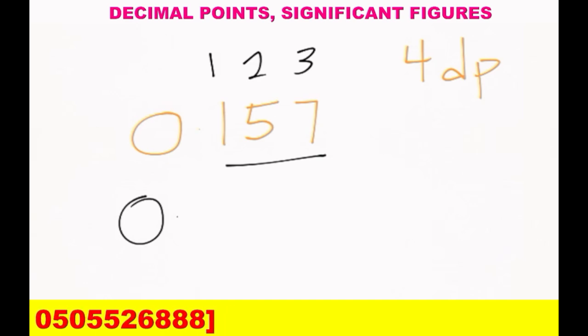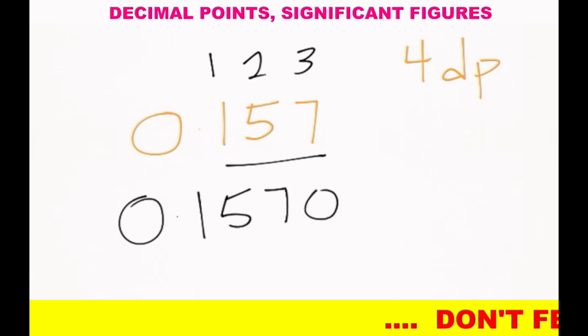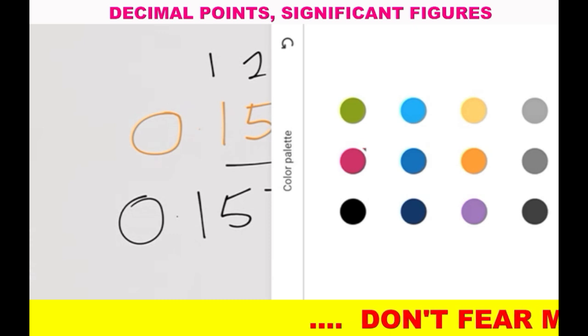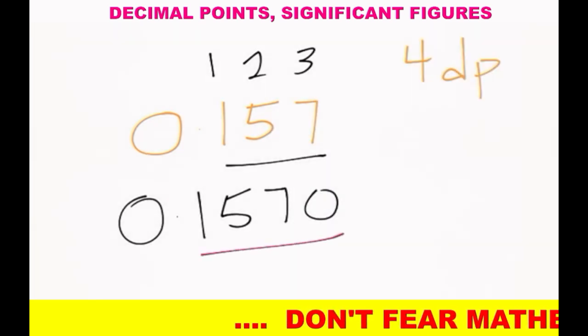If it is 10dp, we want 10 numbers after the point. So our solution will be 0.157, then you add 0 to get 0.1570. You can see that now we have 4 numbers after the point.